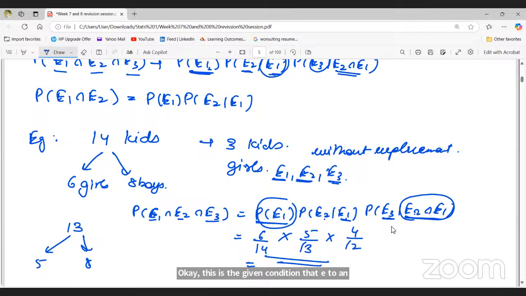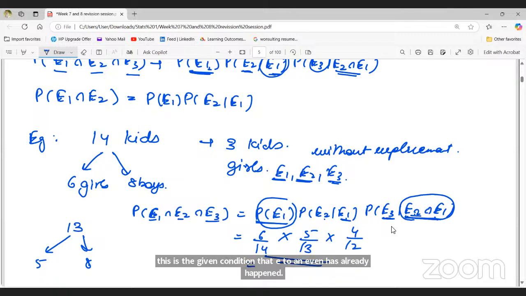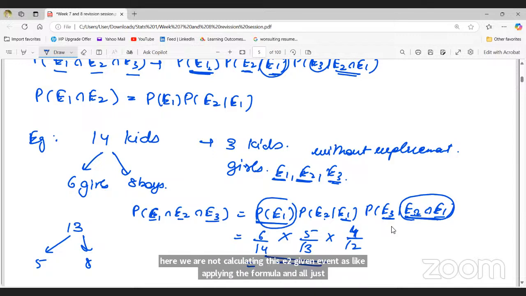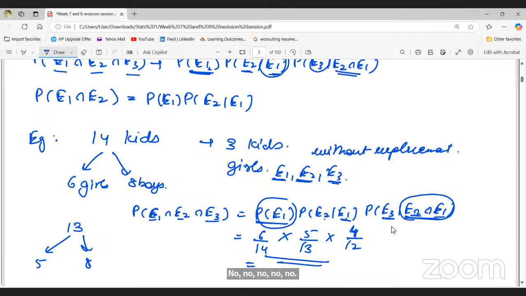Now I have to select the third student, given that I have selected two students. So that's why it is 4 by 12. So here we are not applying the formula for E1, E2 given E1; we are just choosing according to the condition, right?